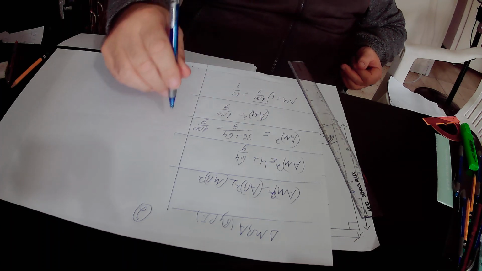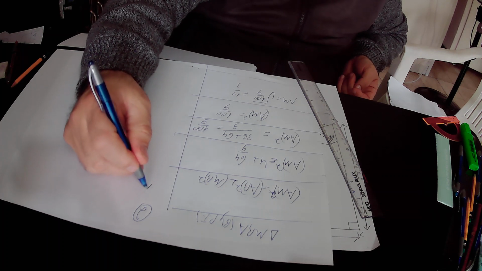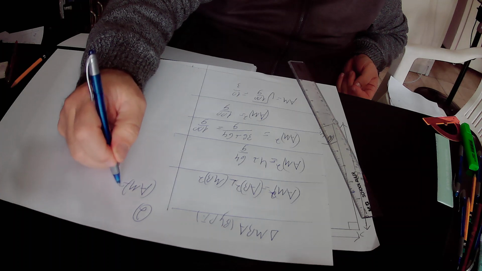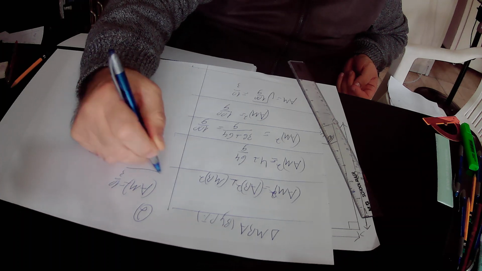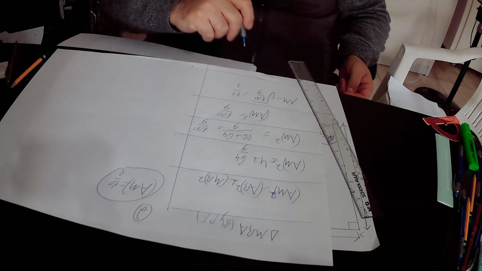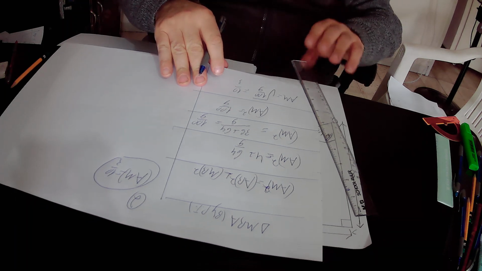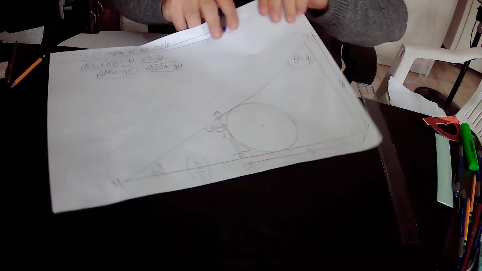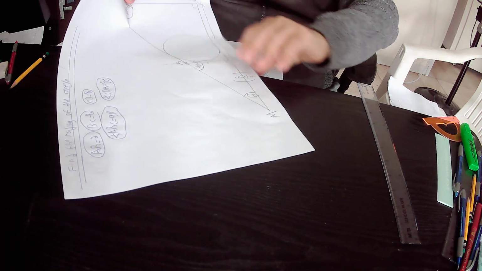So in conclusion, we found out that the length of the hypotenuse AM is equal to 10 over 3 units. AM equals 10 over 3 units in its length.